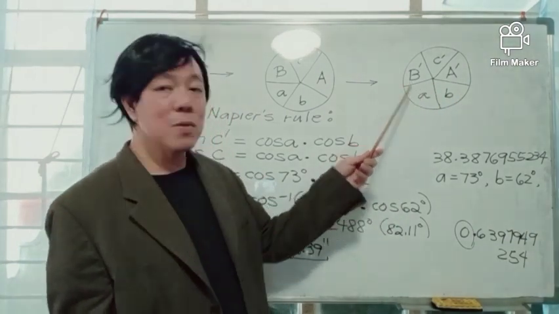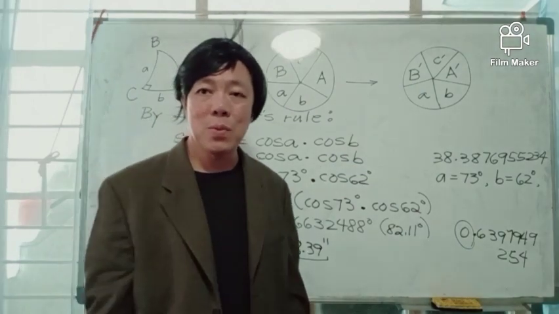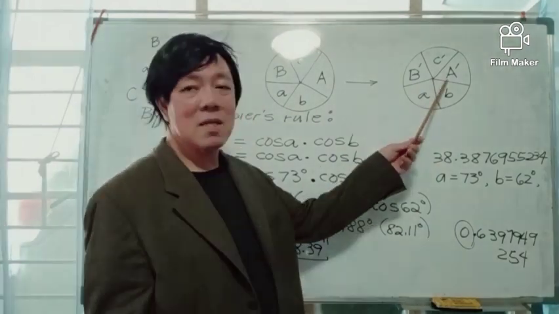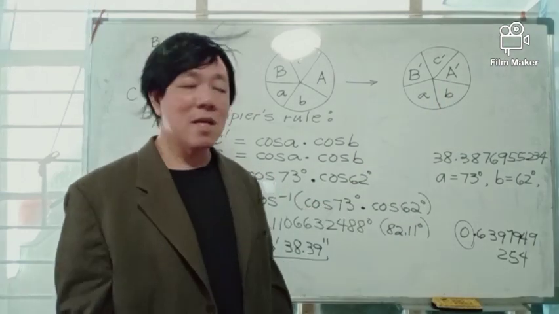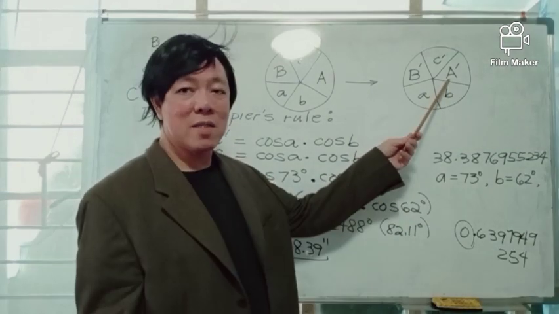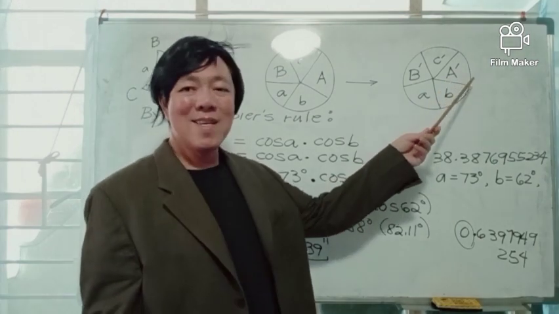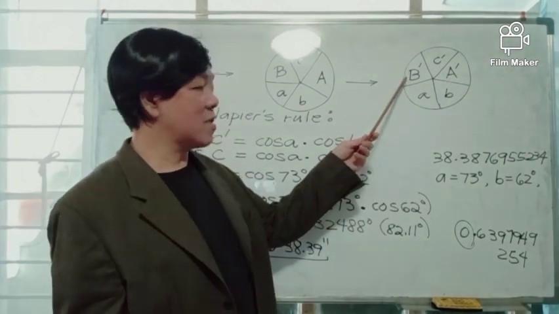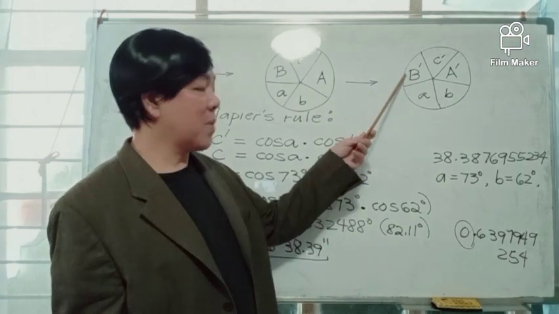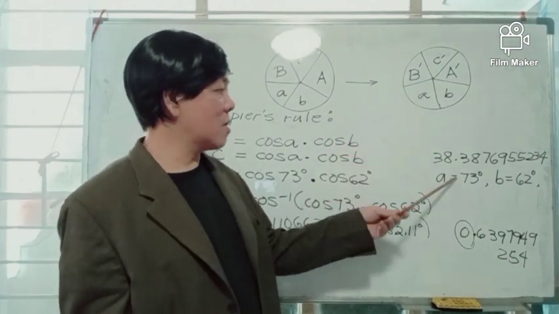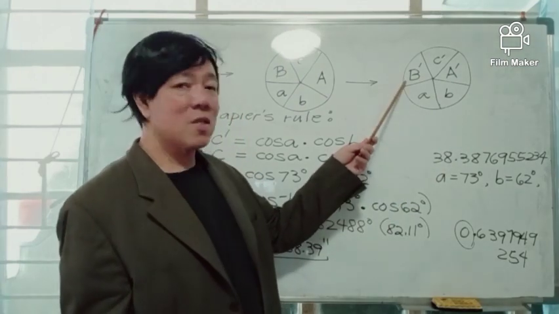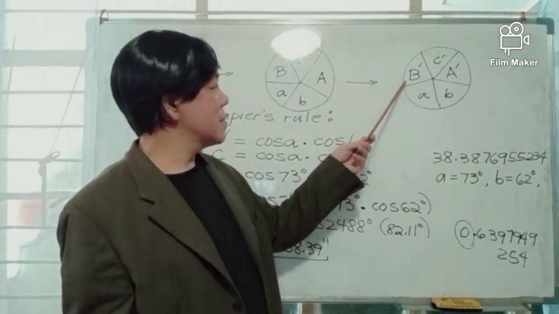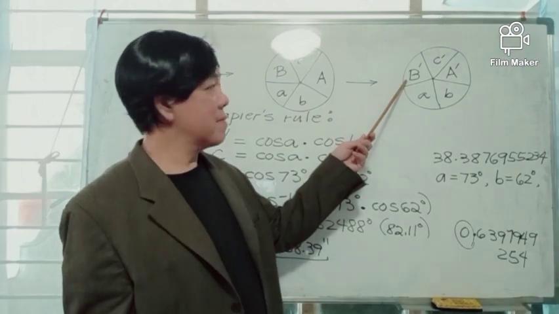But if you use the second Napier's rule to find the angle capital A, the second Napier's rule states that the sine of the middle part, sine of capital A prime, is equal to the product of the cosines of the opposite parts. Cosine of small a, which is given as 73 degrees, and cosine of capital B prime.